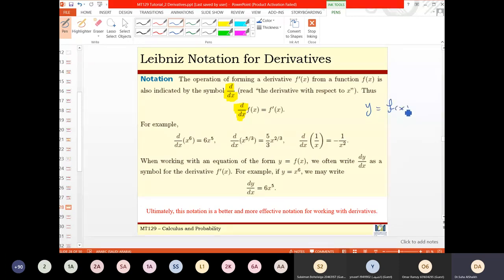Instead of saying y dash, I say dy by dx, the derivative of y with respect to x. And instead of saying f dash, I say I'm finding df by dx. This is very useful mathematically. Why? In case I have more than one variable in my formula. So it's a good idea to use this Leibniz notation when I have more than one variable. It means the derivative is with respect to this specific x variable.